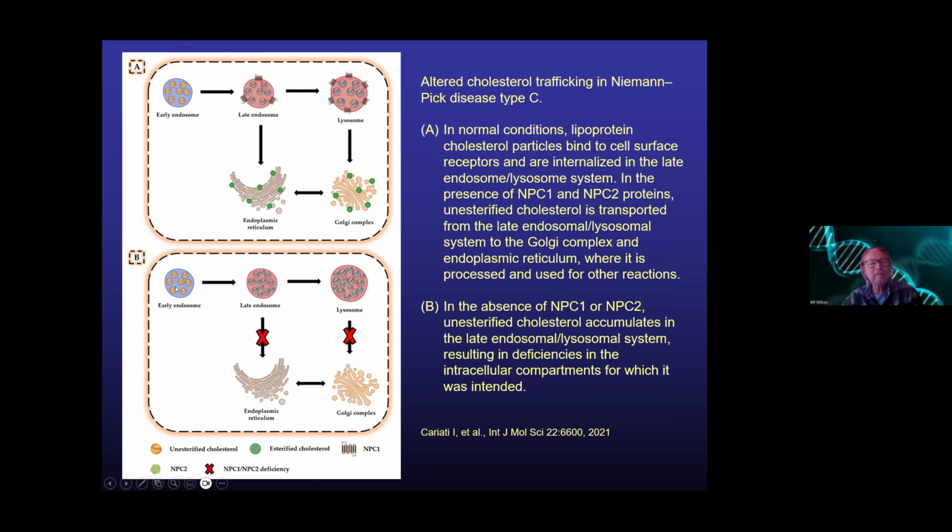And here in Niemann-Pick, you aren't able to do that. So you aren't able to move your unesterified cholesterol to either the ER or the Golgi apparatus, which leads to the problems. So you get unesterified cholesterol accumulating, and deficiencies inside the cell overall. So that's where the problem lies.